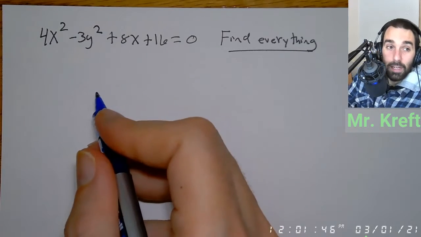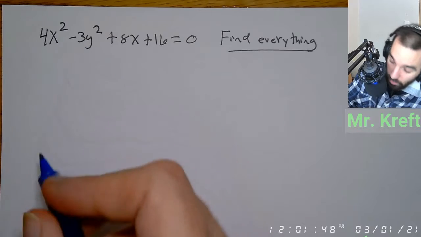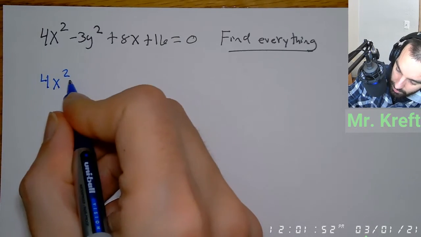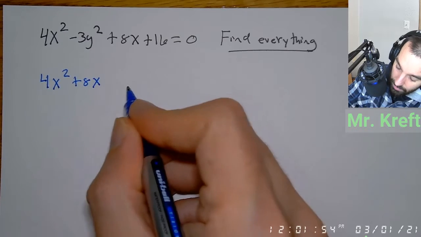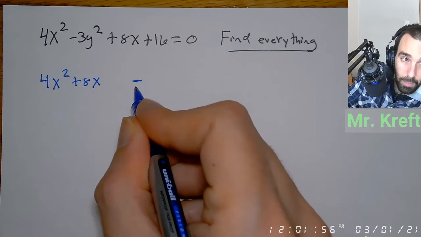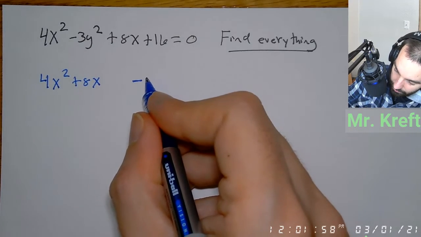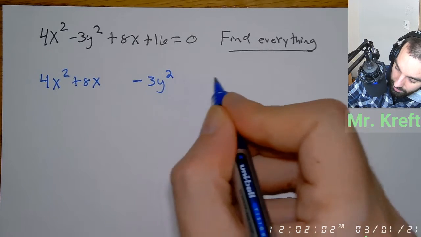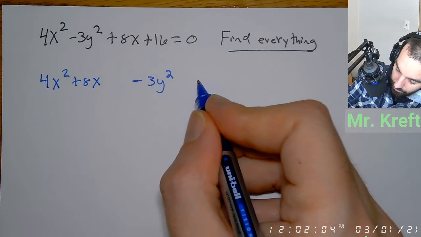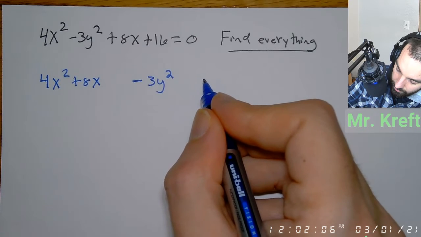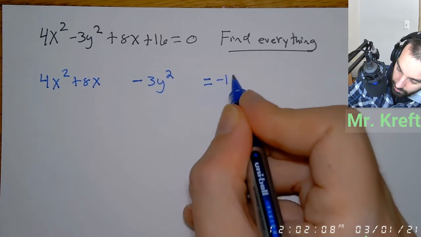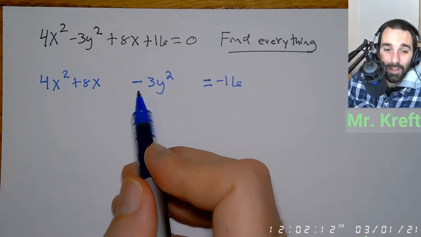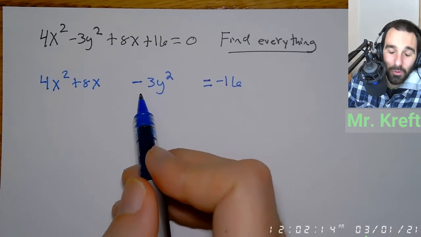So I'm going to have to complete the square twice. So I'm going to group my x's together. So I have 4x squared plus 8x. The difference here now, see how I have a minus with my 3y squared. And hey guys, just a pro tip here. When you're doing this, be really careful. The negative has to come second.